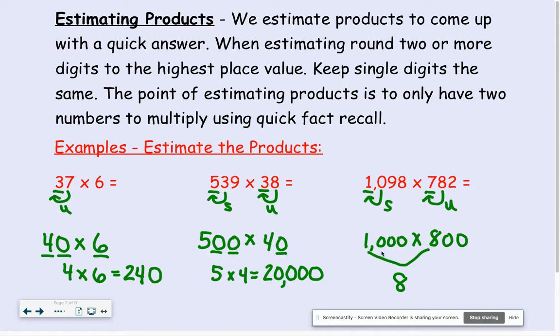And now we count zeros. 1, 2, 3, 4, 5 zeros. So our answer needs 5 zeros. And we go and put our commas in. So the answer of 1098 times 782 should get us an answer close to 800,000.